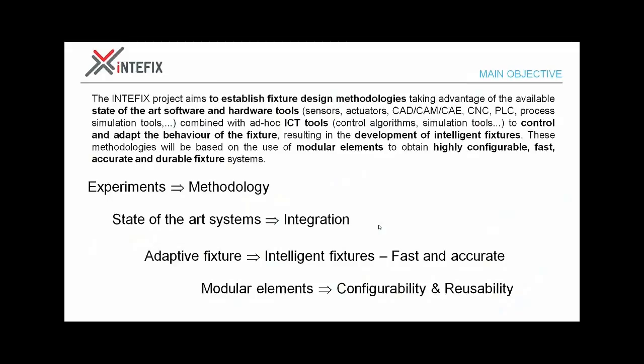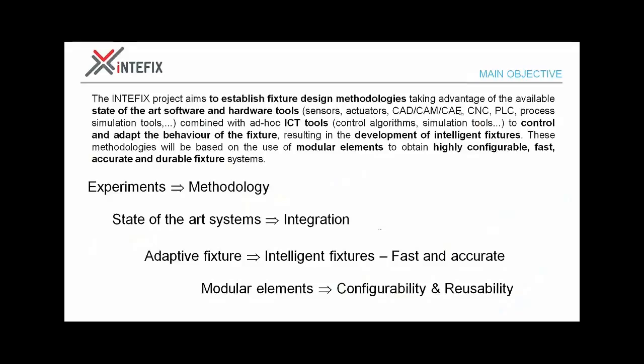Well, this is the main objective of the project. Up to now I have been talking about the development of the fixtures and fixture elements and the objective of these fixtures.